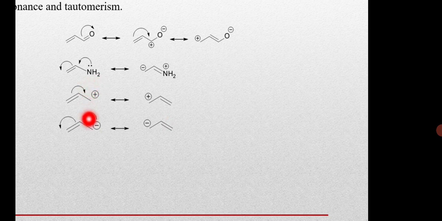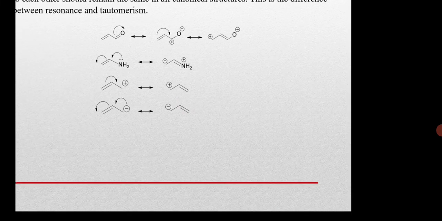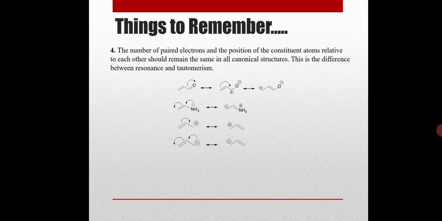Similarly, here are other examples where you can see that the number of paired electrons and the position of the atoms relative to each other remain the same in all canonical structures.